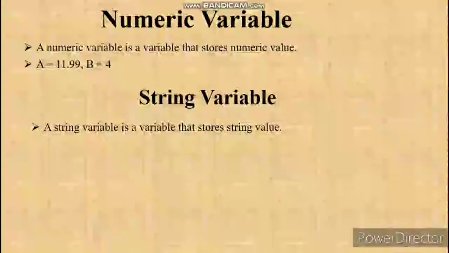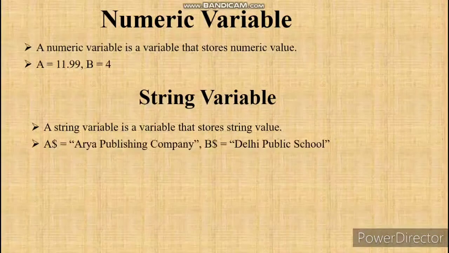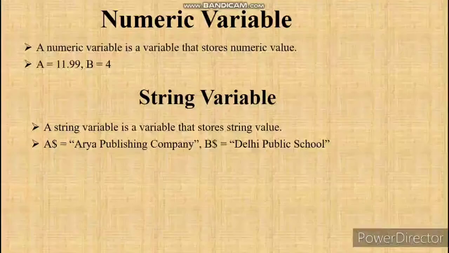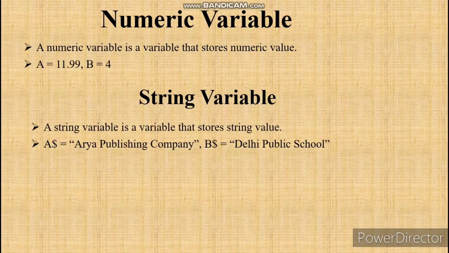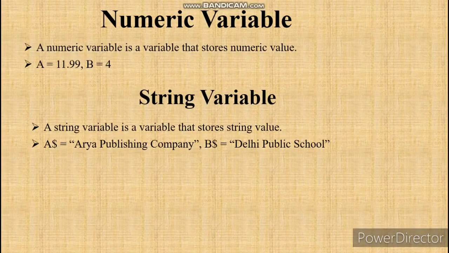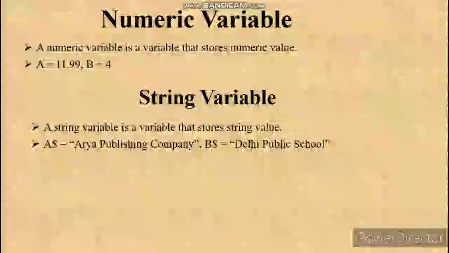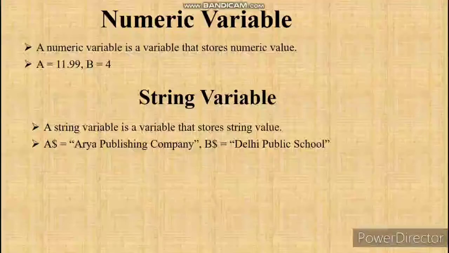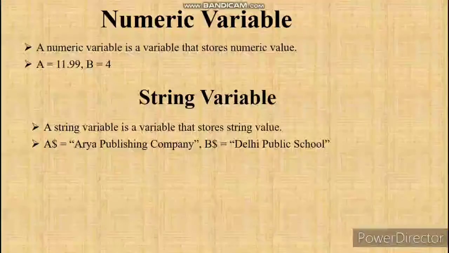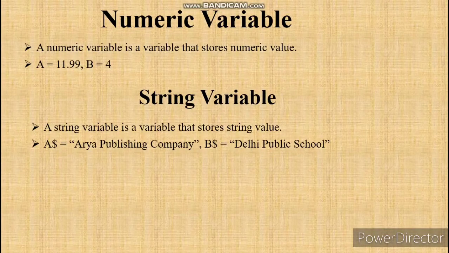Set of characters means a combination of alphabet, number, and special character. So string variable is a variable which is used to store alphabets, words, and special characters. For example, A$ is equal to Arya Publishing Company, B$ is equal to Delhi Public School. These are the examples of string variable.